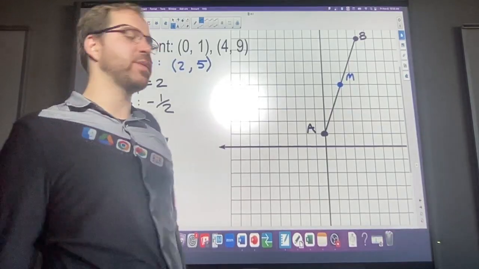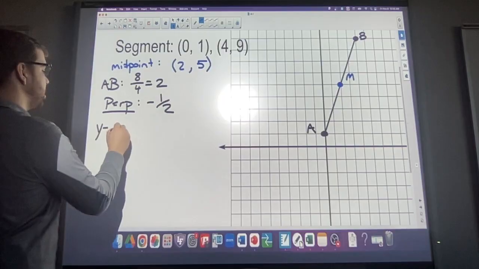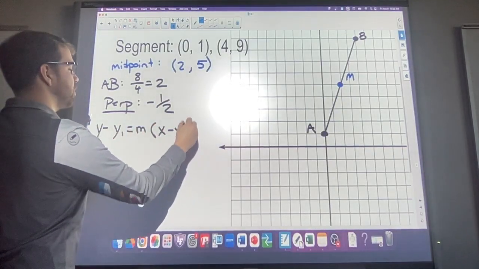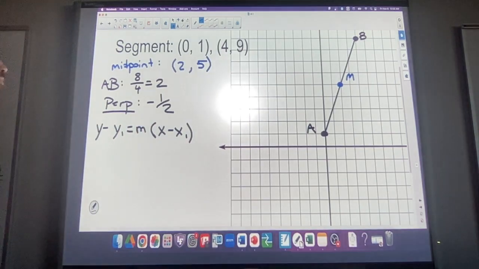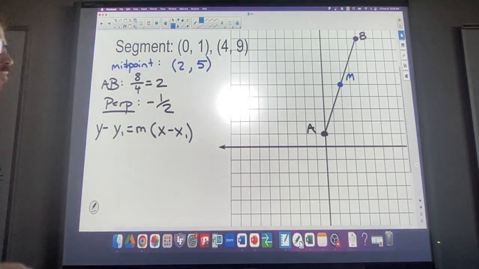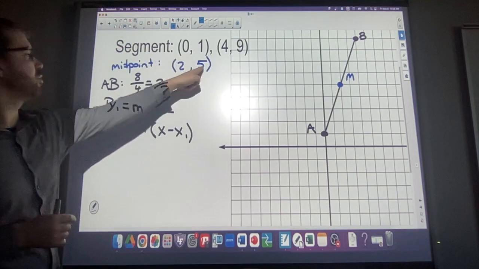I just have to plug it into my equation, which is point slope form: y minus y1 equals m times (x minus x1). I don't think we've used this in a while, but we did this a lot in chapter 3. So let's plug in our values here. I'm going to use my midpoint, so my y value is 5.